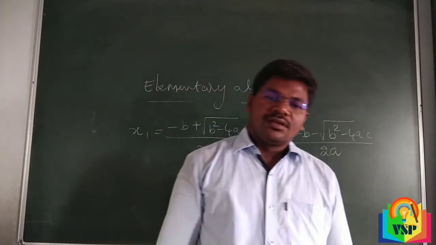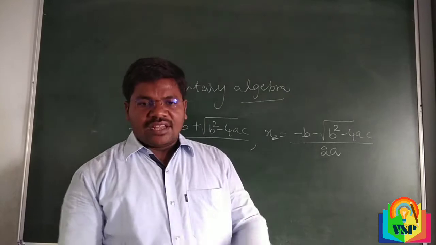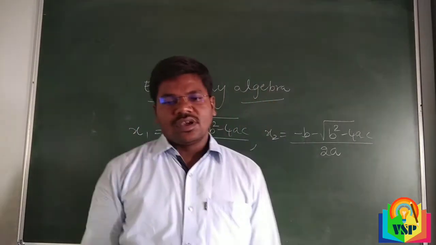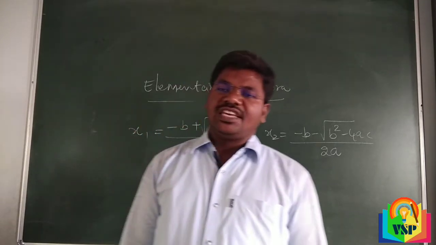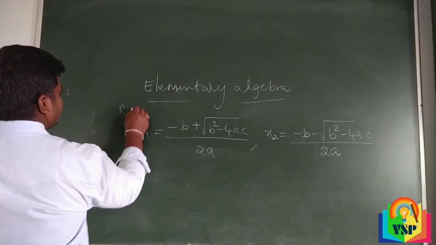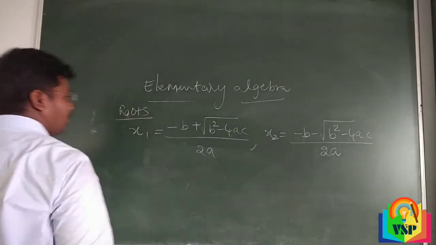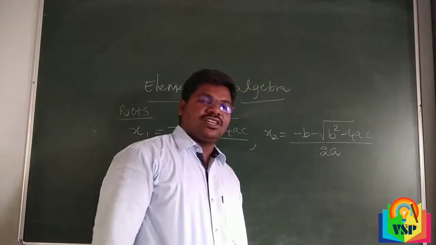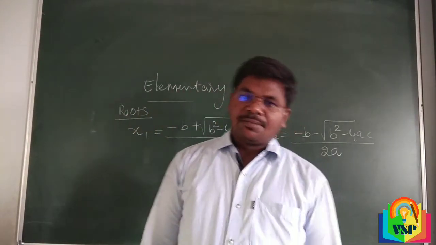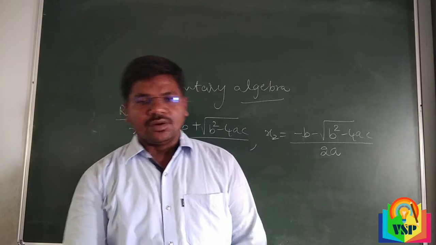Here x1 and x2 are called roots of the equation ax square plus bx plus c is equal to 0.